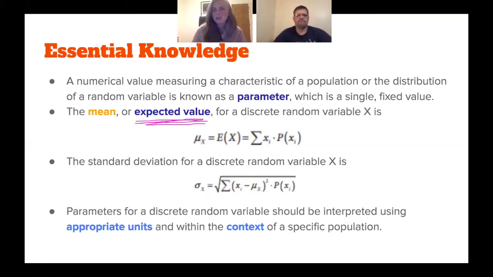It just makes a little more sense to say expected value in some contexts. And this is the ugly formula for it, mu of x. That sub x is standing for your discrete random variable. We might call it E of x, or the expected value of x, which is the sum of all of the values times their probabilities. That's going to make more sense in just a minute.